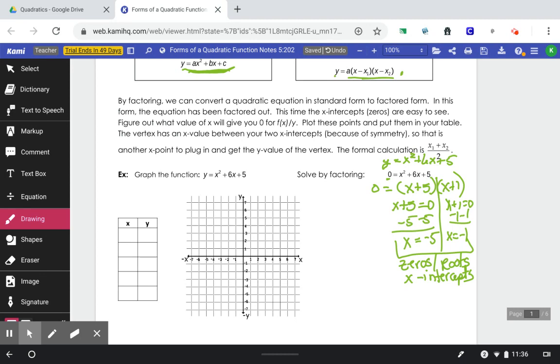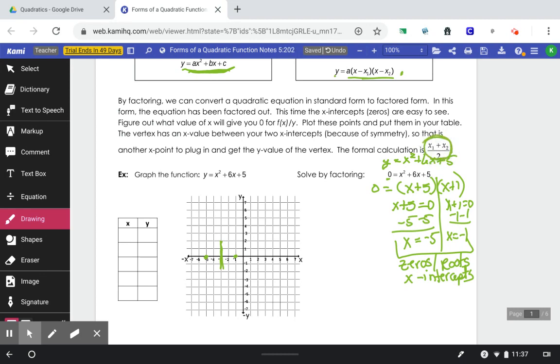Another thing that you can find: if you are graphing your zeros or your roots, let's say we plot the point negative 5 right here and negative 1 right here. We know that quadratics are symmetrical. So if you know your roots, you can find that axis of symmetry by finding the middle point between your two roots.